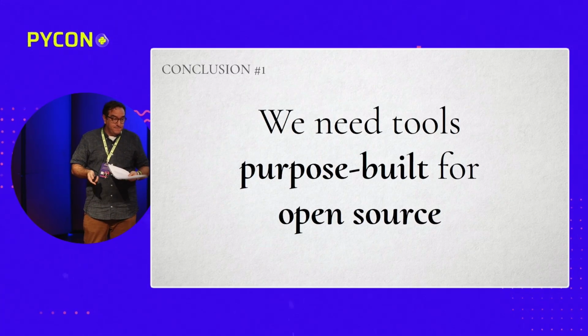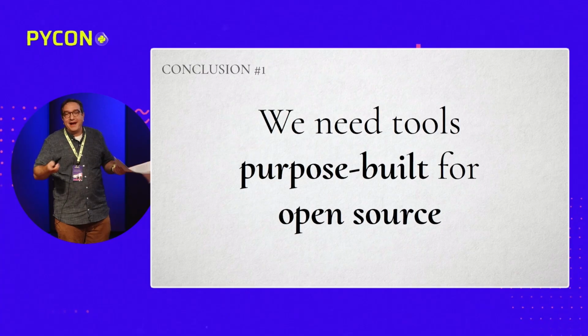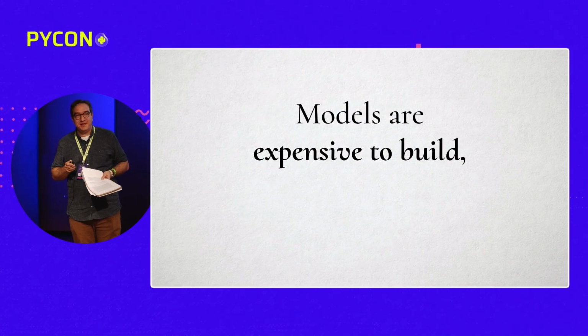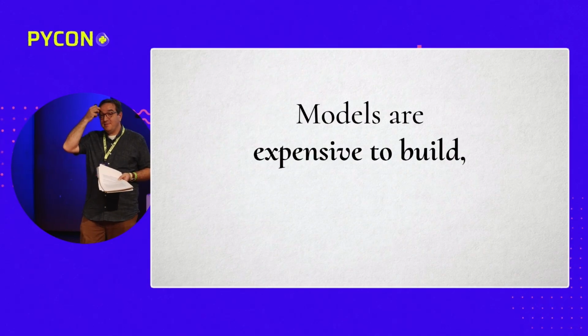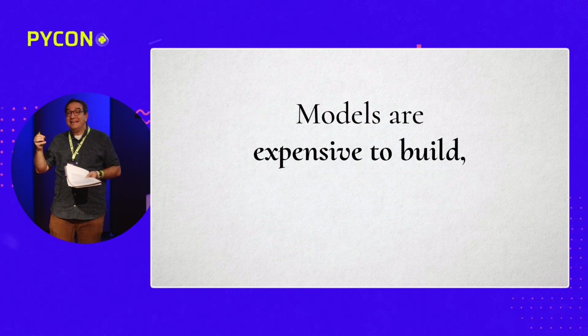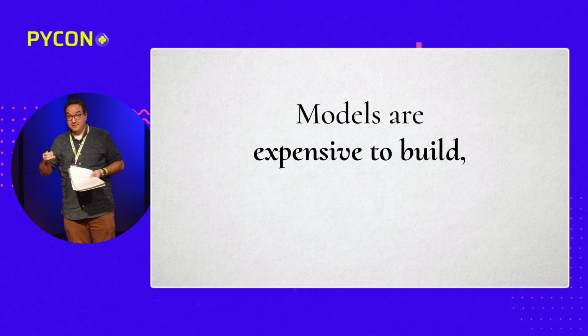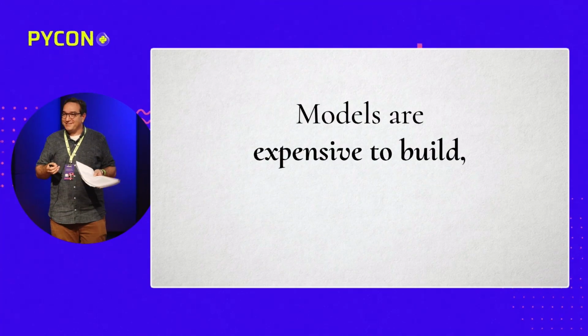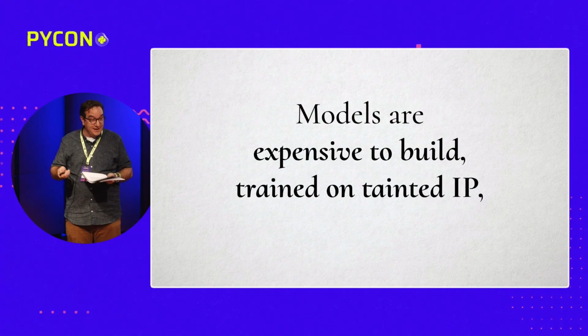So there's a few things that are holding back this future, though, right? There's some very obvious ones, like models are extremely expensive to build. By some estimates, the next version of ChatGPT is going to cost $2.5 billion to train, right? So that's not something that an open source community is very easily going to be able to do.